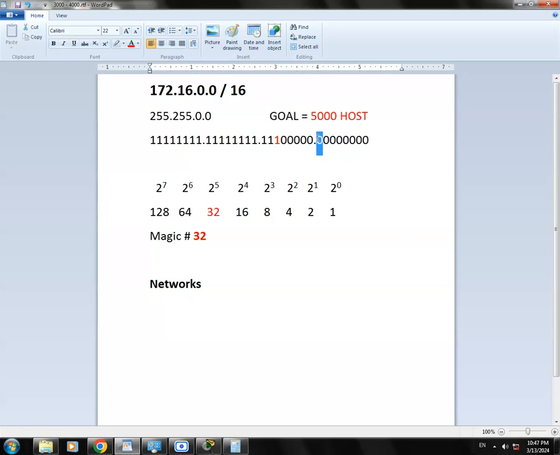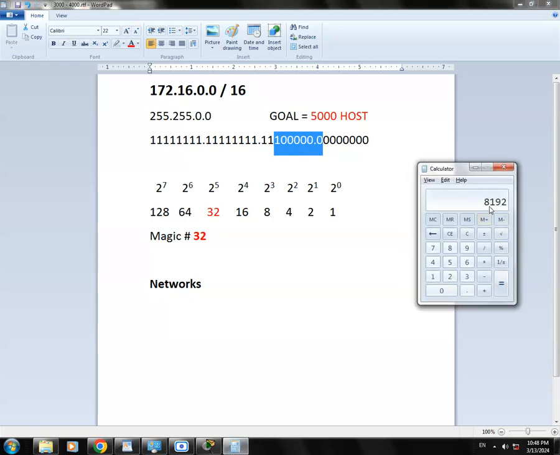So this is 128, and if we go here, it will be doubled. 128 times 2 is 256, and then 256 times 2 would be 512, and then 512 times 2 would be 1024, and then 1024 multiplied by 2 is 2048, and 2048 multiplied by 2, I believe that's 4096. 4096 is still not enough, so we still need one last one. 4096 multiplied by 2 will be 8,192.